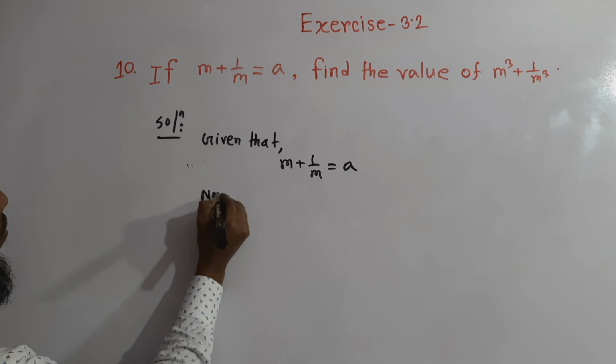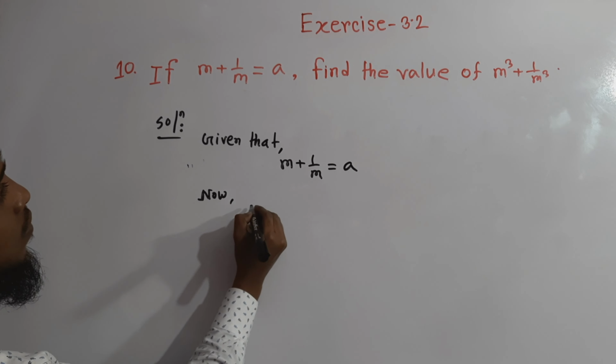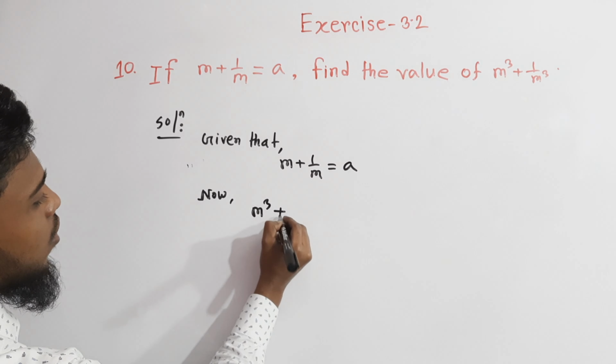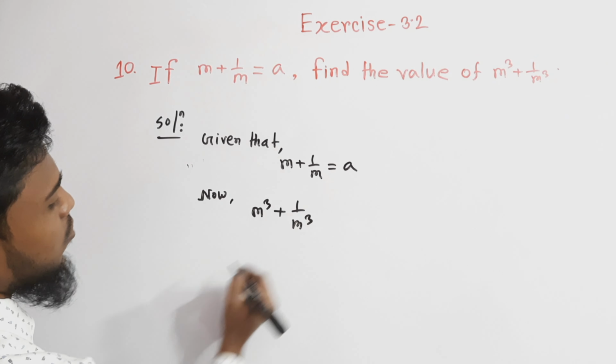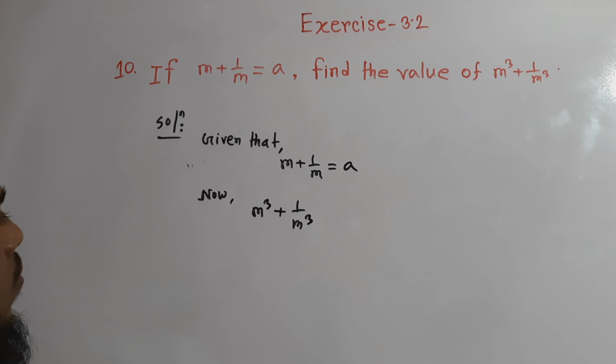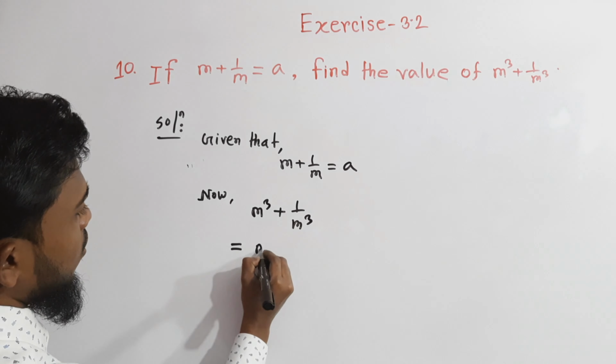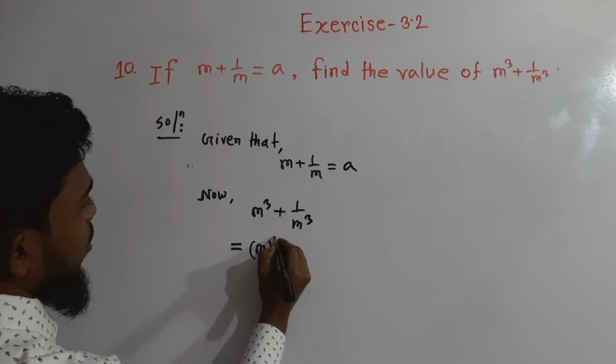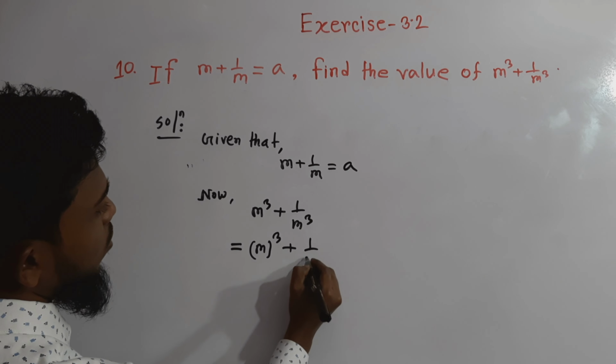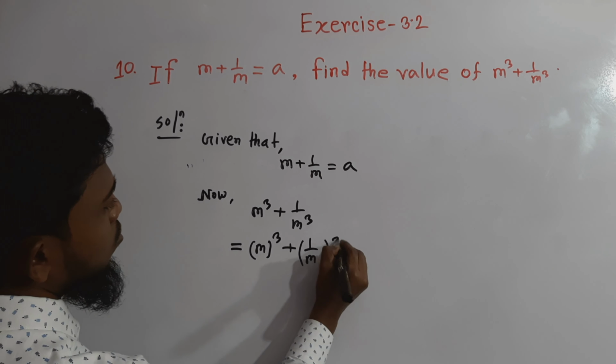Now m cube plus 1 by m cube, we can write this expression as (m) whole cube plus (1 by m) whole cube.